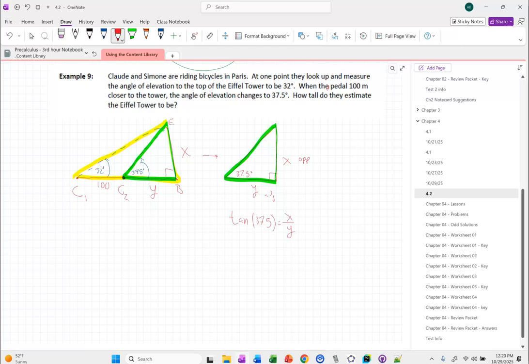So I'm taking this green triangle. Why not that one? Because the hypotenuse isn't part of both triangles, right? I cared about this y because this y is part of both the yellow triangle and the green triangle. I can't set up a system of two equations unless they share the variable in common, right? Does that feel okay?